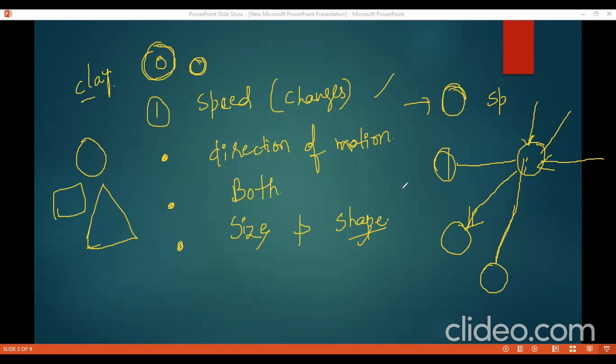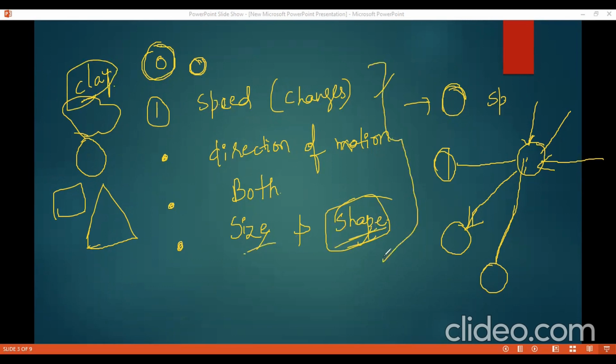Different shapes they can make, even from a circular clay or a clay with no shape at all. Because of the application of pressure, it changes its size as well as shape. So these are the things force can do.